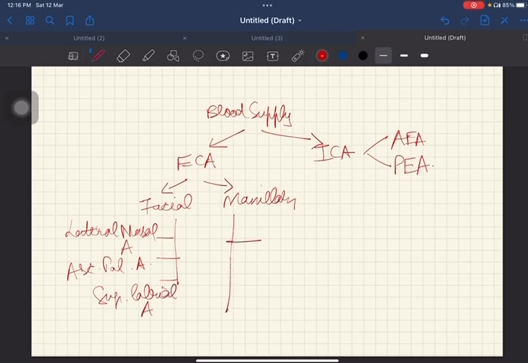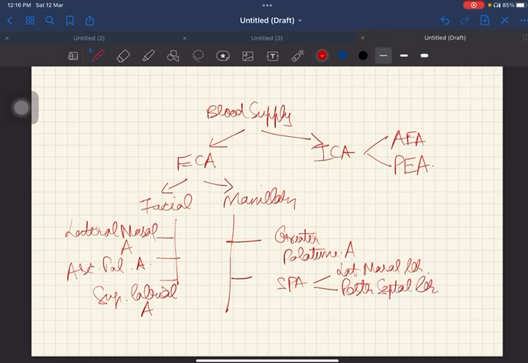Coming to the maxillary artery, the main divisions from it are the greater palatine and the sphenopalatine artery. From the sphenopalatine artery, there are two other branches, which are the lateral nasal branch and the posterior septal branch.